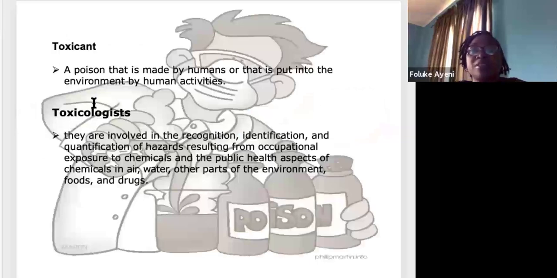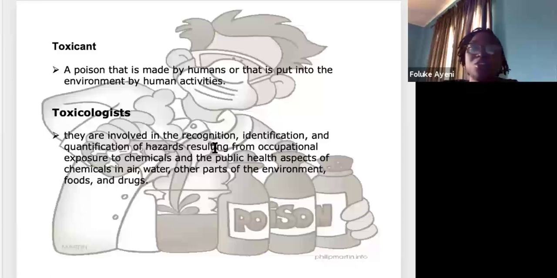So a poison can also be said to be something that has been made by humans or that is put into the environment by human activities. All the definitions that I've said so far can boil down to it being made by humans or being put into the environment, either knowingly or unknowingly, by humans.